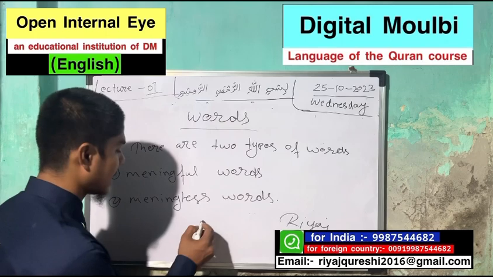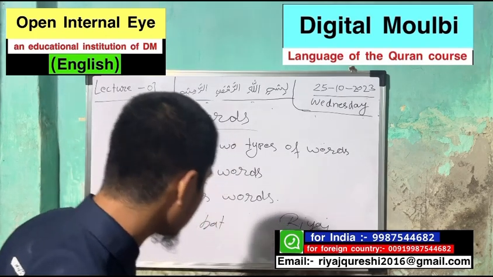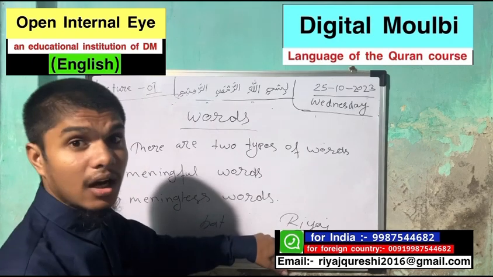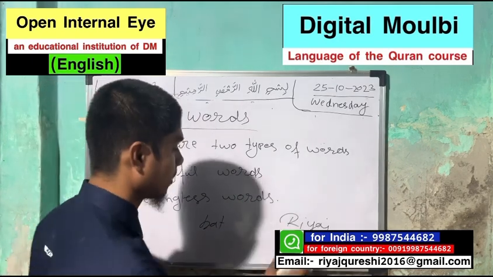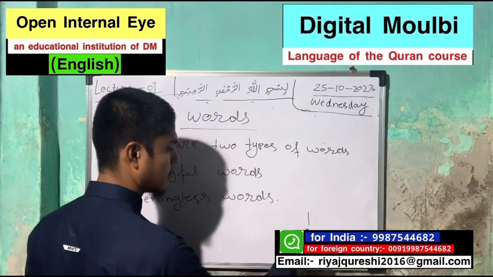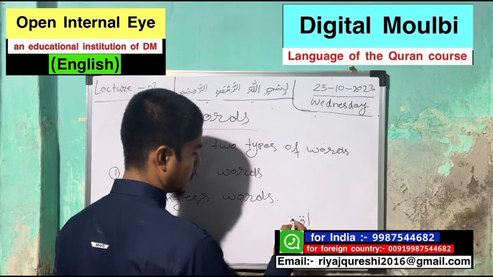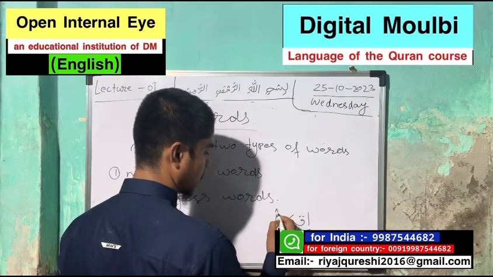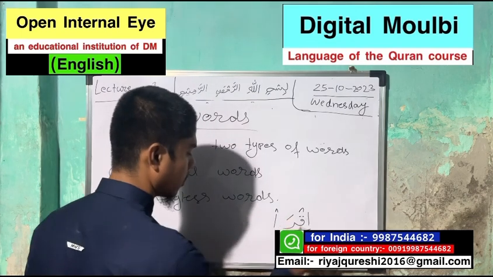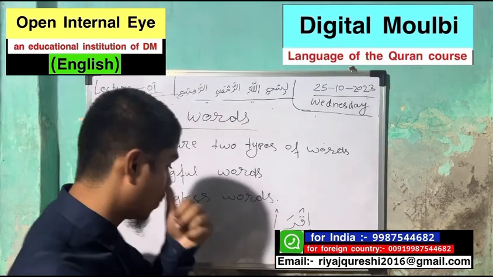And if I write like this, it is also a combination of a word. Like if I write Ikro, it is a combination of a word and it has meaning. That's why it is a meaningful word.